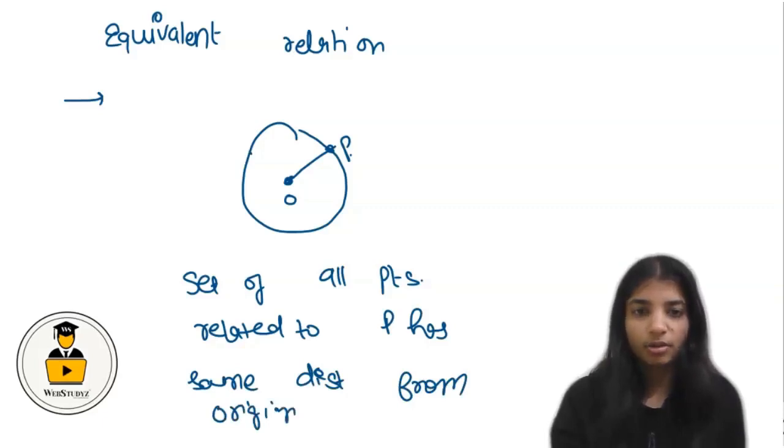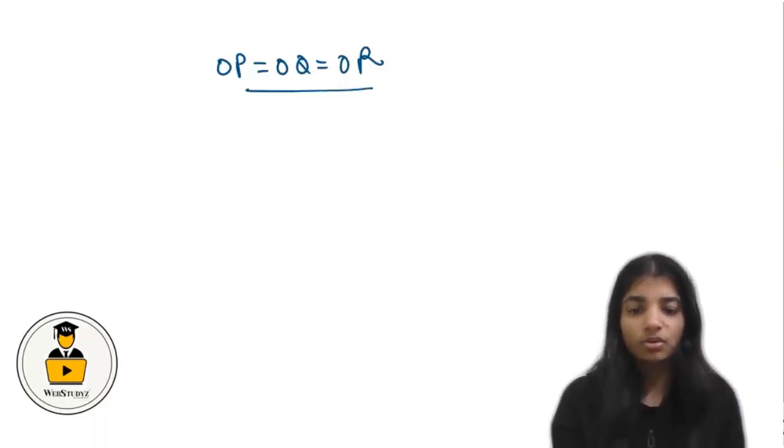Let's say here is some point R, and here is some point Q, and all points are related to P, so the distance of all these points from the origin must be equal. So OP equals OQ equals OR.